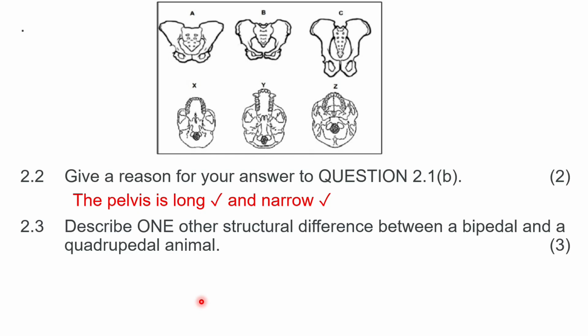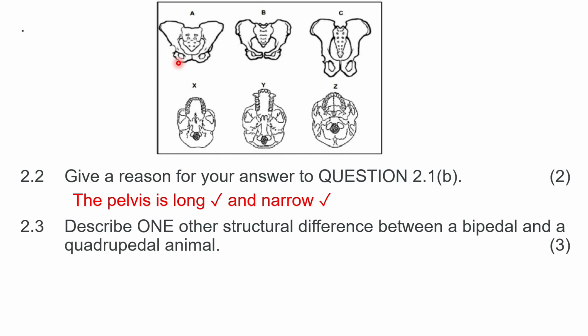And then the last question, describe one other structural difference between a bipedal and a quadrupedal organism. So what other difference, not the ones that we've seen here, meaning the position of the foramen or the pelvic structure, what other difference can be there?